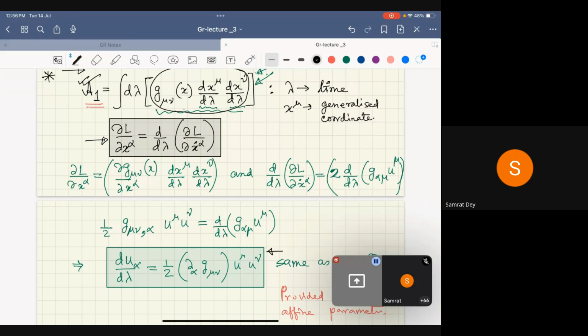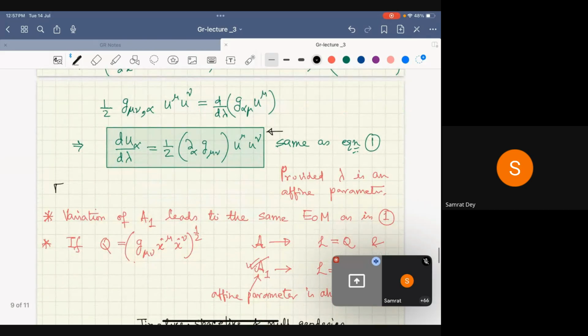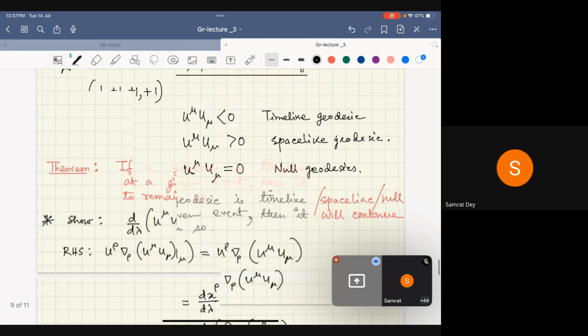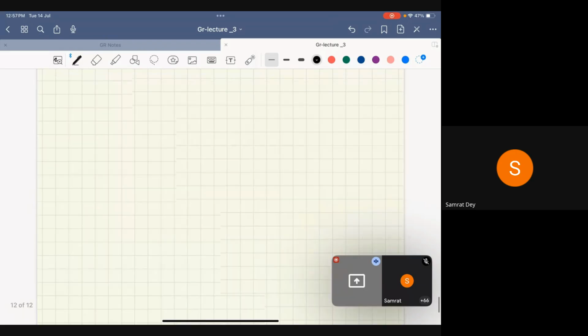If you start from the first principle calculation, that means from the definition of gamma mu alpha beta in terms of this metric mu rho times these three derivative terms of the metric, then the number of components of gamma you need to calculate is extremely large. So this will be discussed in the tutorial.